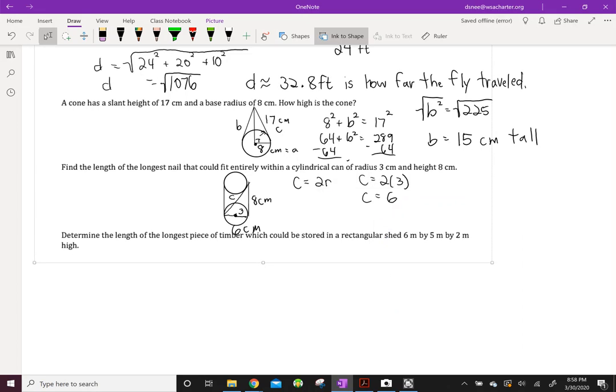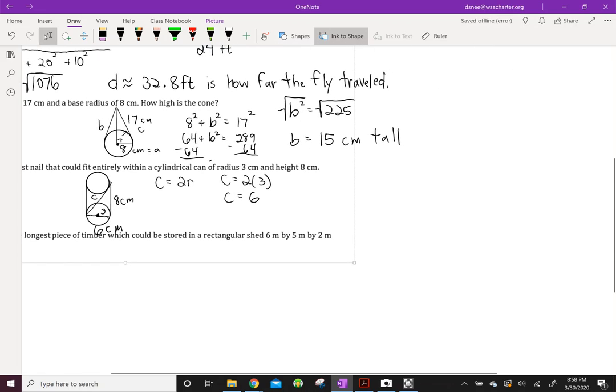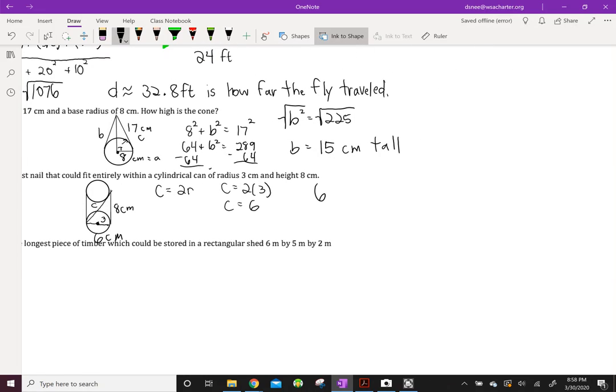So what we're going to do, we're going to take 6 squared plus 8 squared equals c squared. And c is going to be the longest nail that will fit in there. And 36 plus 64 equals 100. So c squared equals 100.